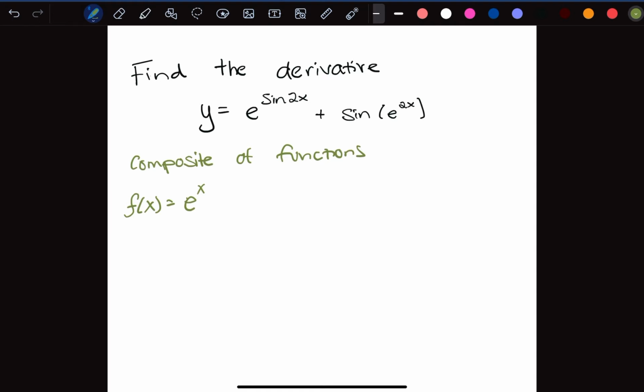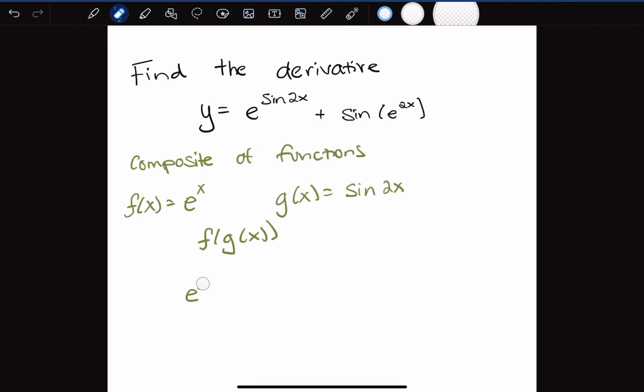But then if we have another function called g of x, and that's our sine of 2x, well, then we have f of g of x, right? Because if you take your e to the x, and instead of plugging in x, you plug in g of x there, and our g of x is sine of 2x, then what we're seeing is that we really have a composite of a couple different functions.